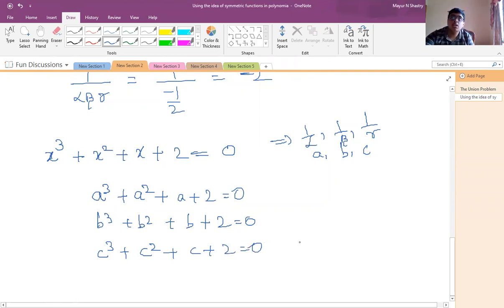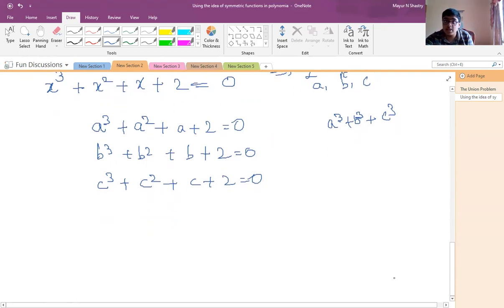So actually, what do we want? We want 1 by alpha cube plus 1 by beta cube plus 1 by gamma cube. And you see that it's just a cube plus b cube plus c cube. So how do we get that from these three equations? That's the trick. Add them up. So that's what symmetric function says.